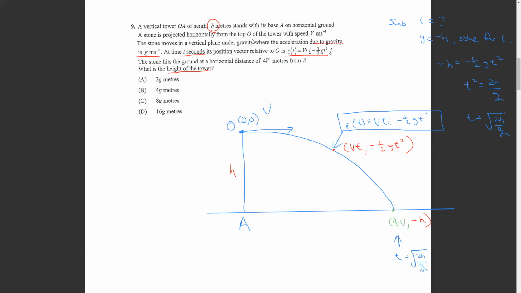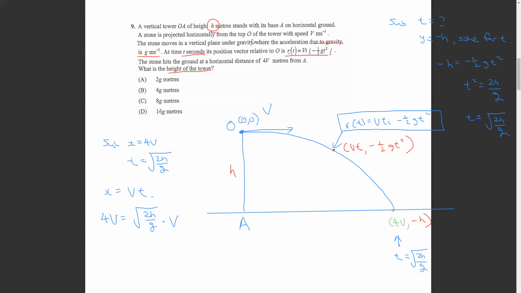Then we just need to sub that into x. So sub x equals 4v and t equals square root of 2h over g into x equals vt. You'll get 4v equals square root of 2h over g times v.